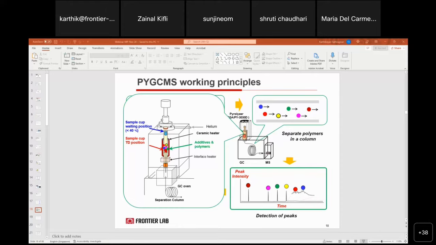The sample goes for decomposition, and the polymers break down into micromolecules. Those small molecules are swept with the help of carrier gas to the GC column, where, based on the retention and partition coefficients, they are separated, and you see compounds eluting one after the other. With a suitable detector, you can see the peak for each type of compound.